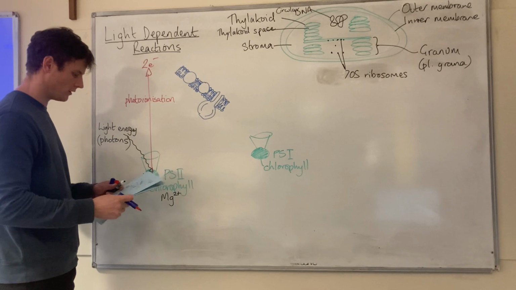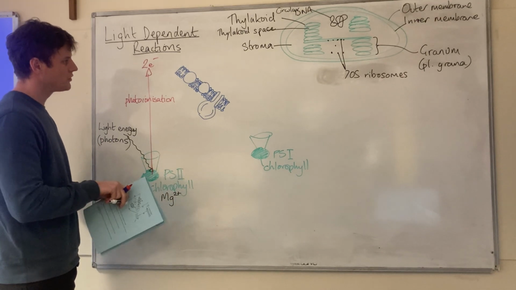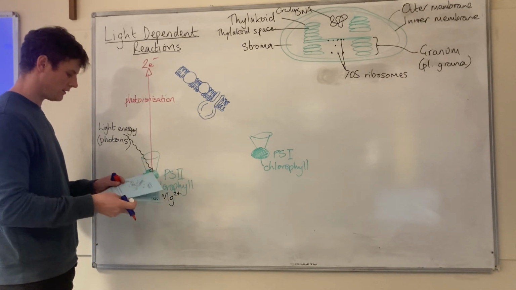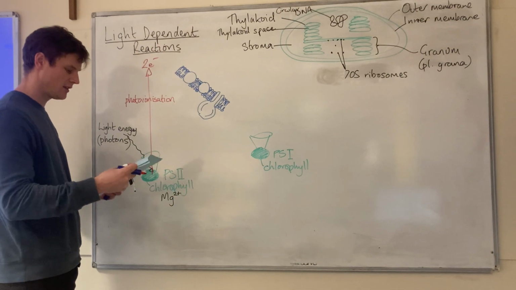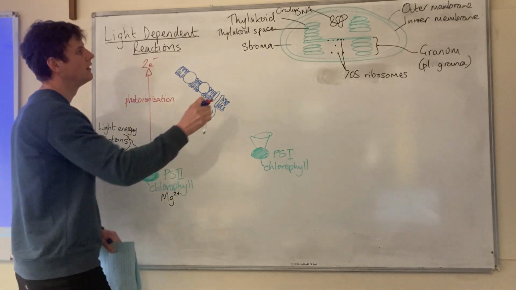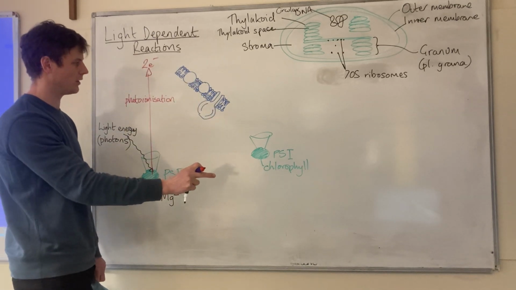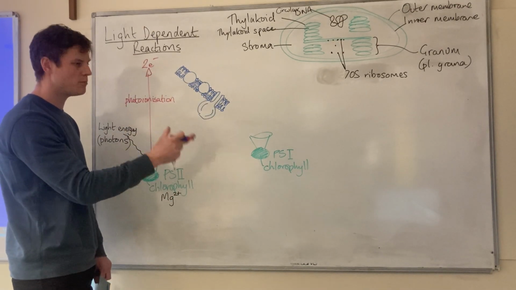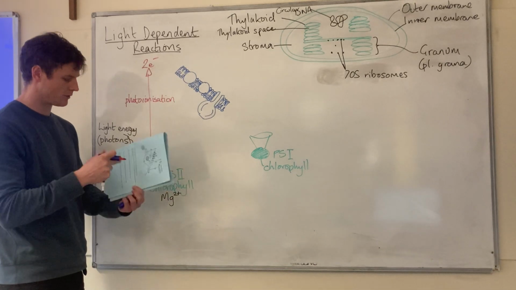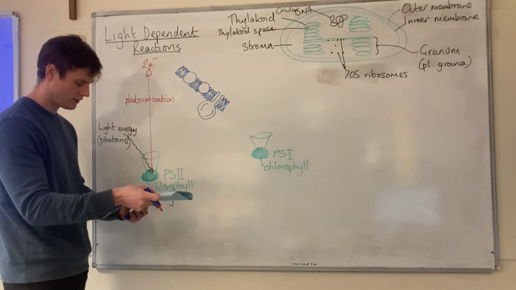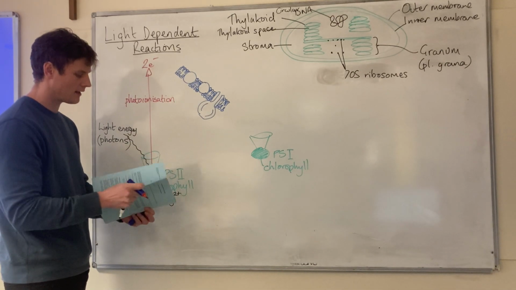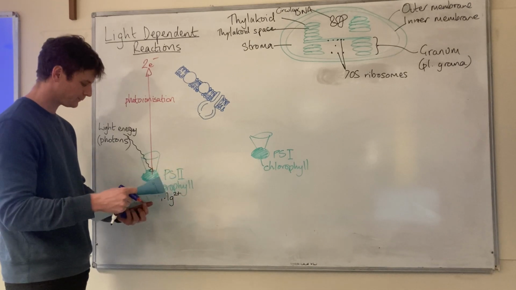Now those electrons are passed on to some electron carriers in the membrane of the thylakoid. Now all of this is taking place in the membrane of the thylakoid, and I said that I've sort of combined 2 diagrams, the one in your notes on page 18 and the one on page 19.